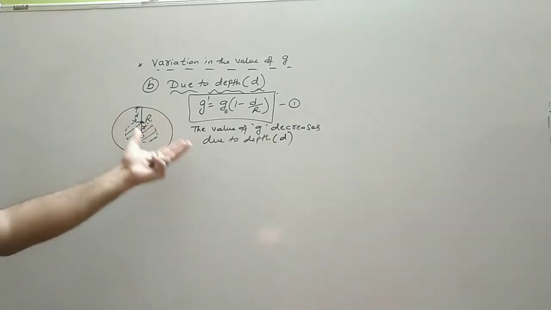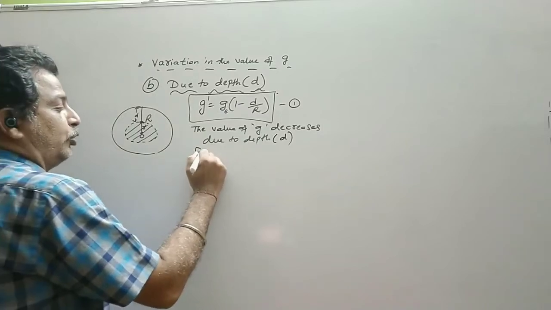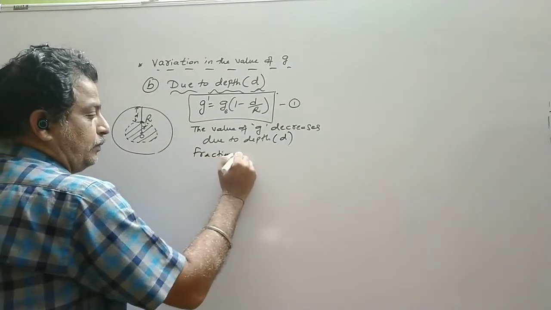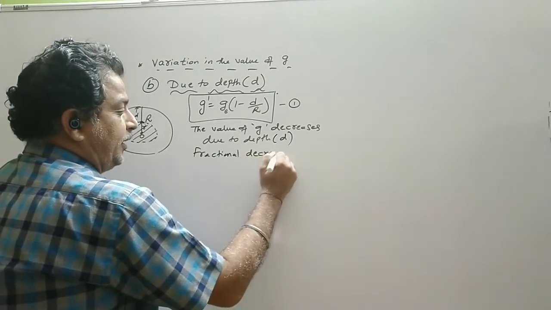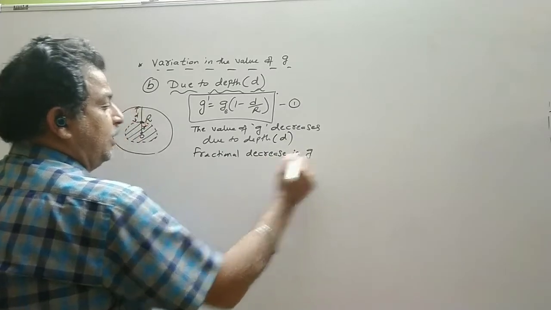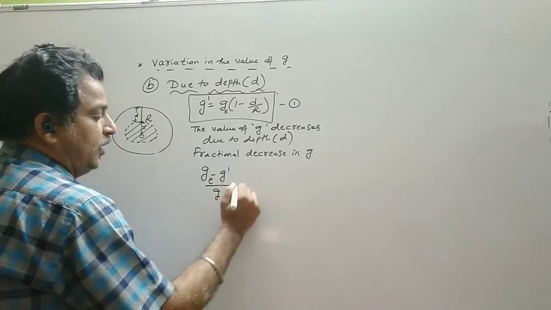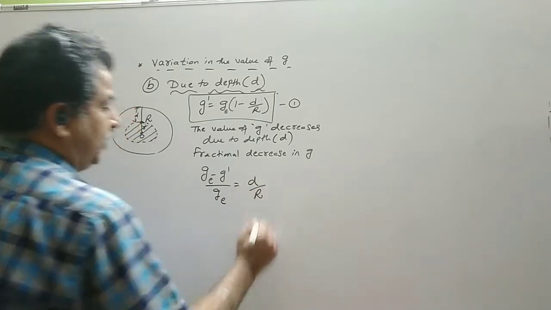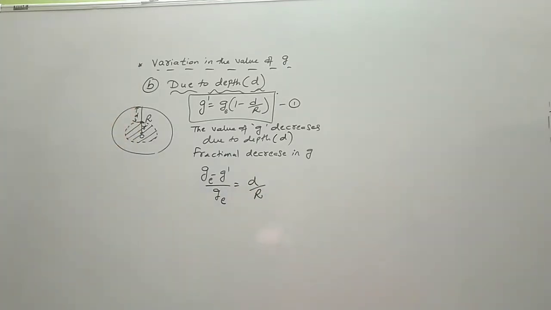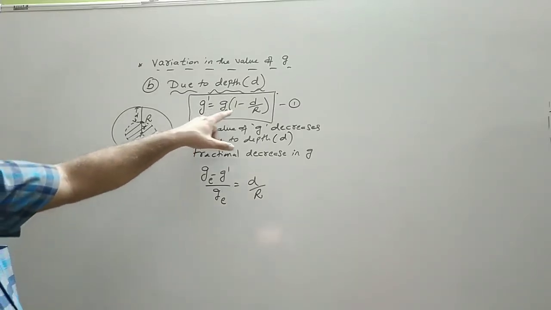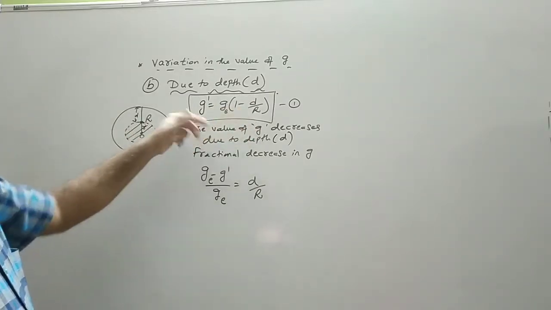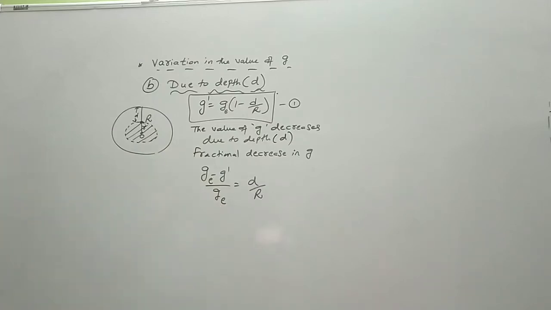Then again the fractional decrease. So fractional decrease in g is (ge minus g dash) upon ge, that is equal to d upon R. So this is the fractional decrease. You can find out this, R minus d, or then you apply componendo dividendo method.